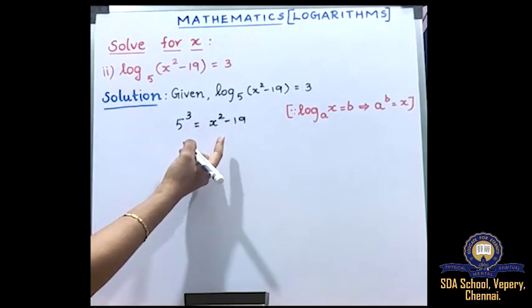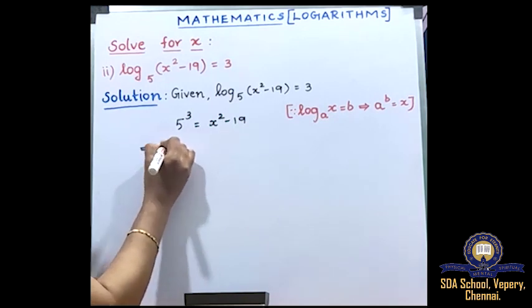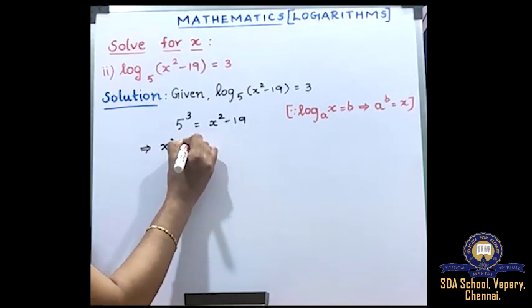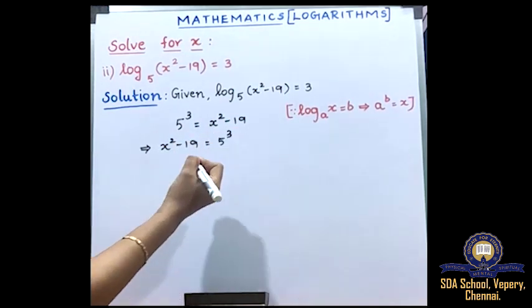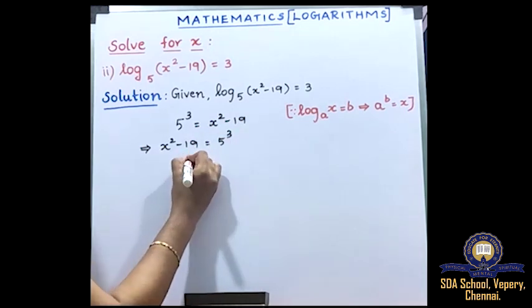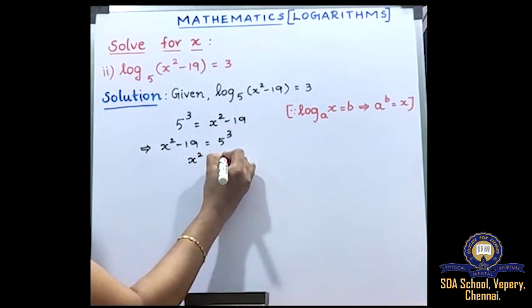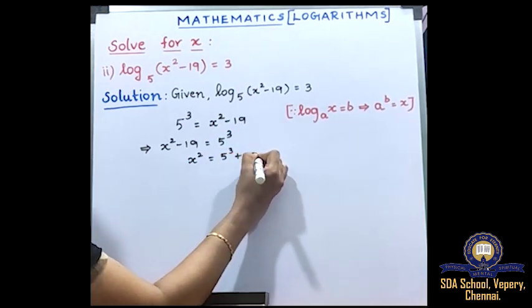Okay, now I am going to rewrite this equation as x square minus 19 equals 5 cube. So now if you bring this minus 19 to the other side, you will get x square equals 5 to the power cube plus 19.